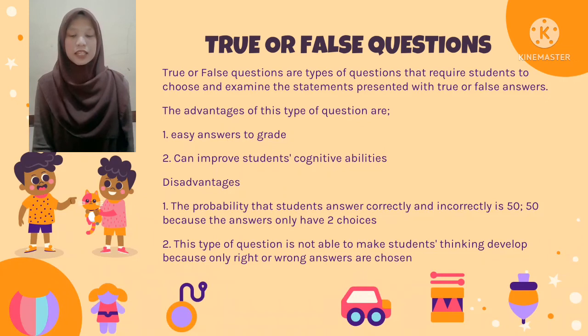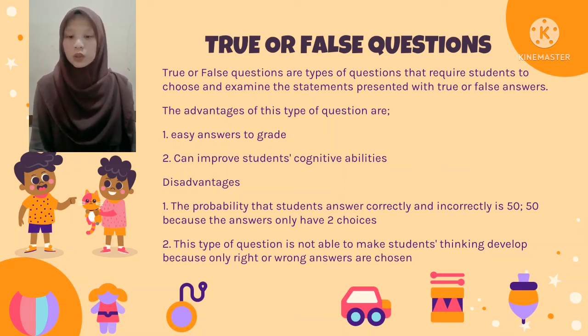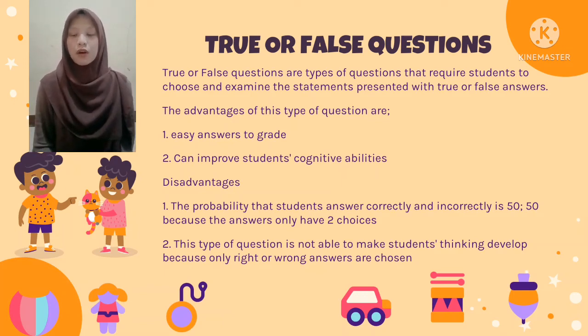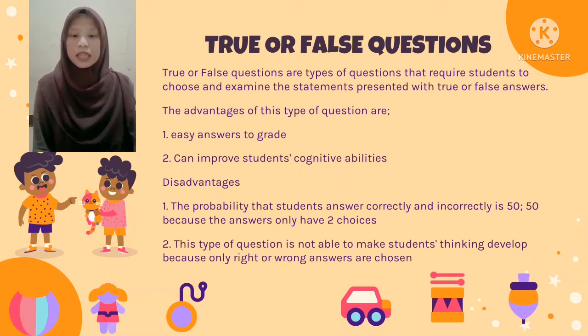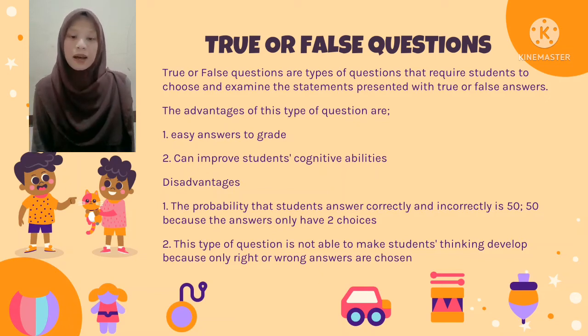The next instrument is the true or false question. True or false questions are types of question that require students to choose and examine two statements presented with a true or false answer. The advantages of this type are that it is easy to grade and can improve students' cognitive ability.